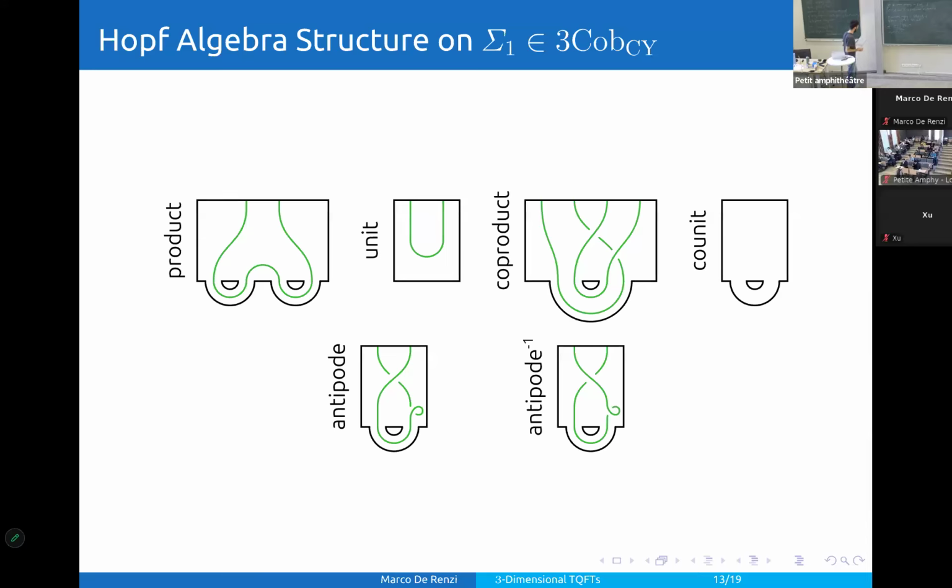So it's an object E that comes equipped with a family of structural morphisms of this form, one for every object in the category. And this family of morphisms is dinatural.